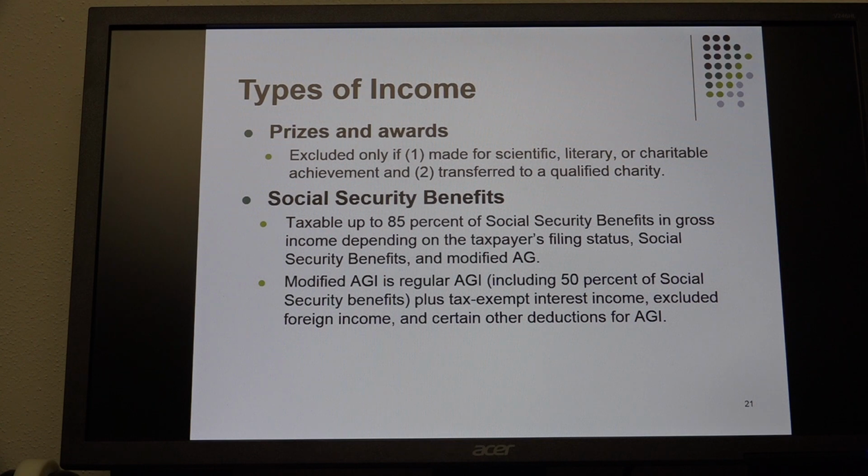But you might, if you're in the mid-levels of income as defined, then you may pay as much as 50%, include 50% of Social Security benefits in gross income. And for high income individuals, as that is defined, you may have to include 85% of Social Security benefits in gross income, and thus taxable.